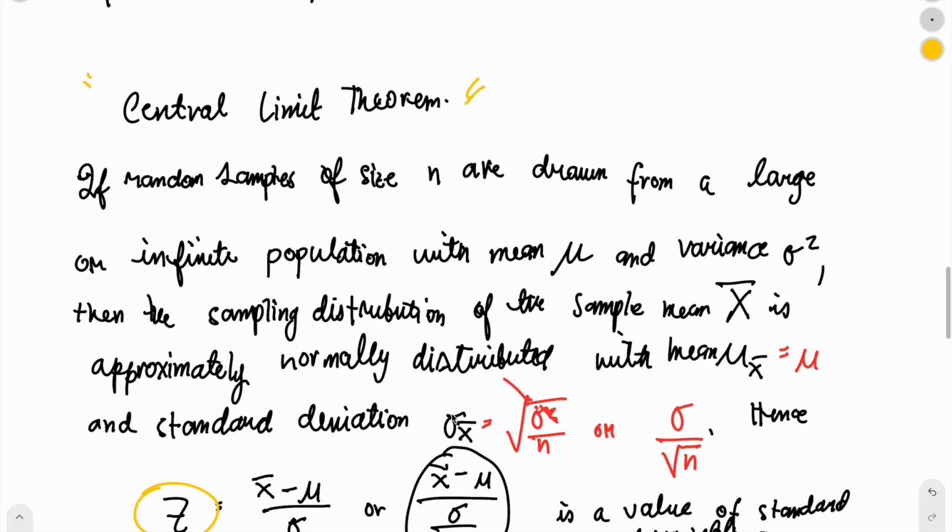So if random samples of size n are drawn from a large, meaning very large or infinite, population with mean mu and variance sigma squared, the sampling distribution has mean mu sub x bar instead of mu, meaning it comes from the sampling distribution, and the standard deviation, instead of sigma, is sigma x bar, or sigma over square root of n. So that is what the central limit theorem means.